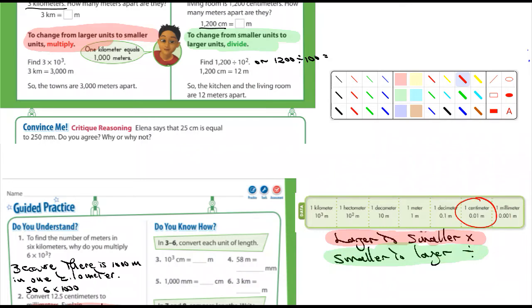And she says it's equal to 250 millimeters. The way they phrase it could be kind of confusing, but we're going from 25 centimeters to millimeters. So we're going from larger to smaller. Do you think she's right? Yes, no? Yes.